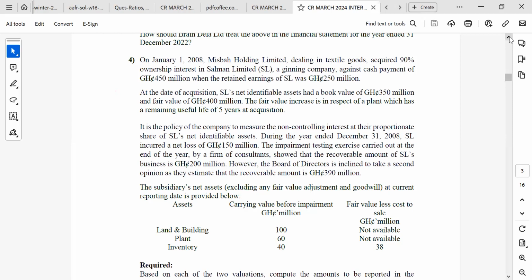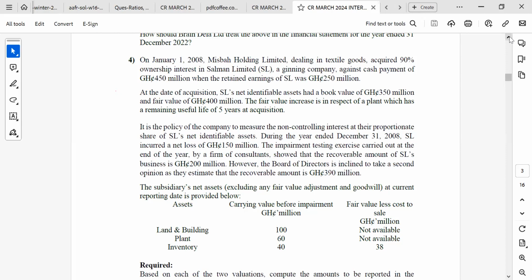How much are they paying for the 90%? 450 million. And the net asset at that date was what?